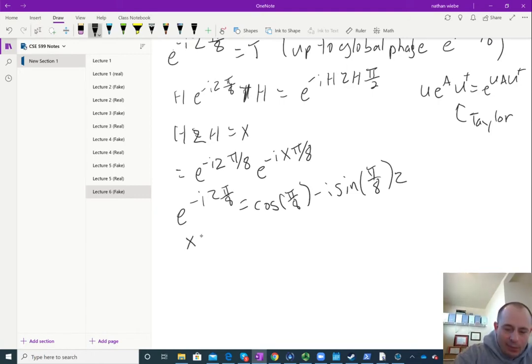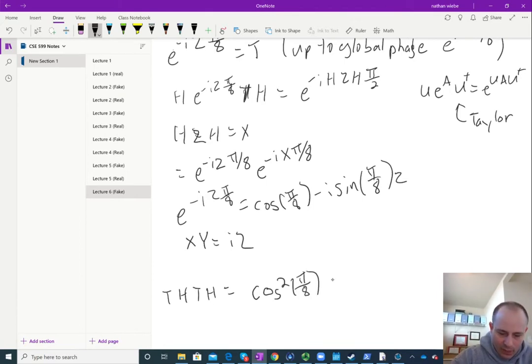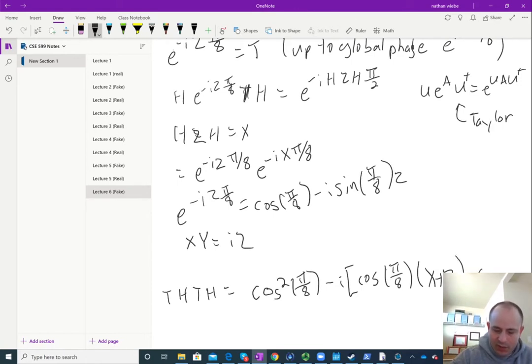Using this and the property that XY equals iZ, and all cyclic combinations thereof, we end up finding that TH is equal to cosine squared pi by 8 minus i times cosine pi by 8 times X plus Z plus sine pi by 8 Y. And this last bit is multiplied through by another factor of sine pi by 8.